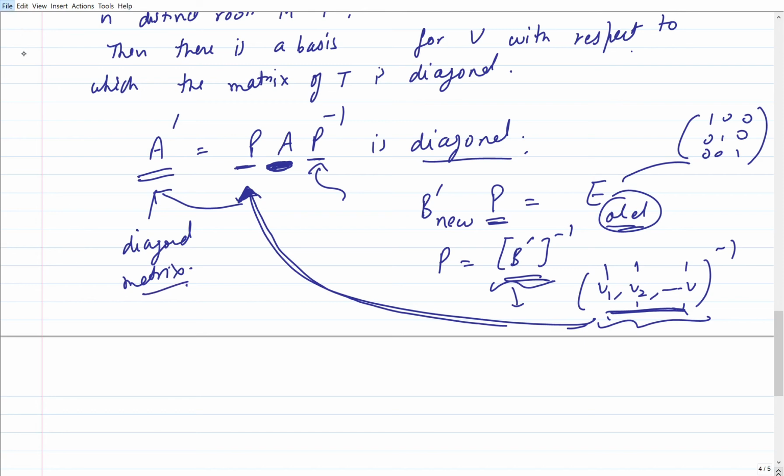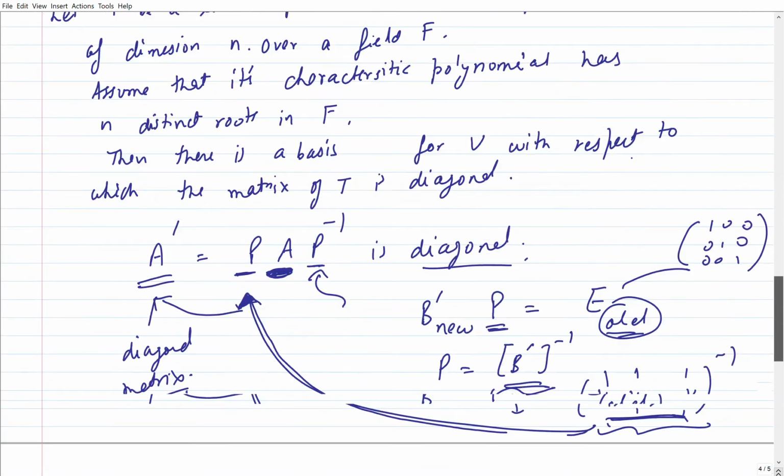Okay, so one last thing about this section was the proposition, kind of related to what we have been doing, but we just mention it.